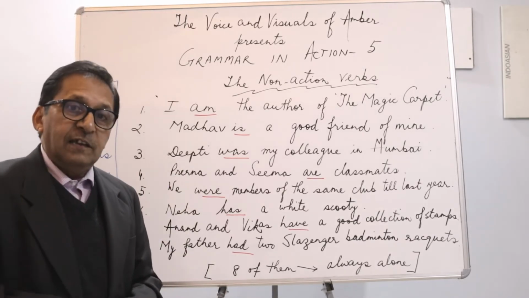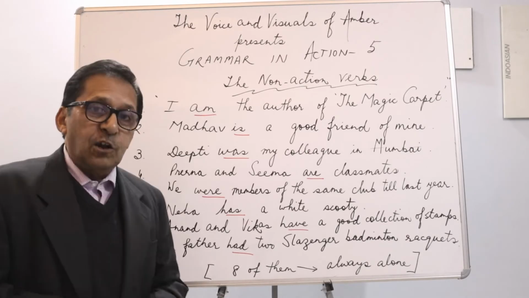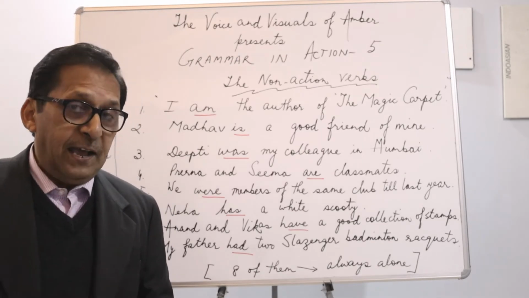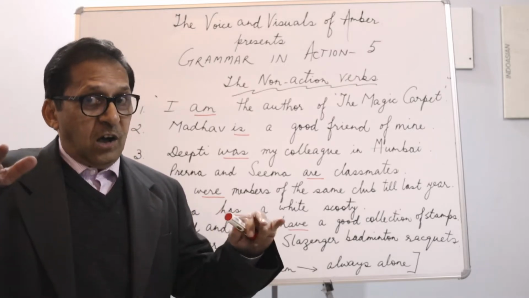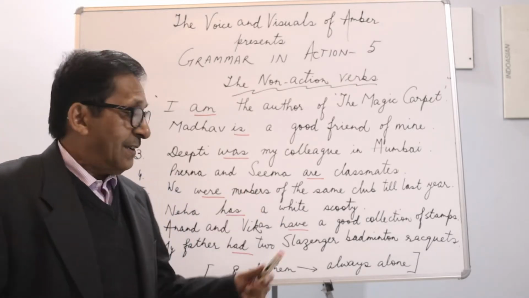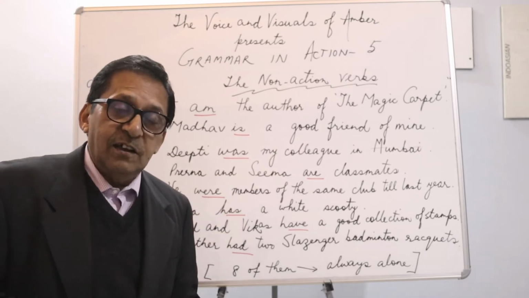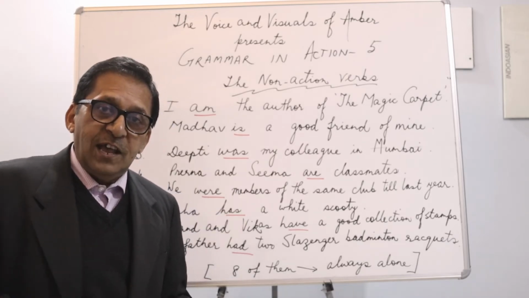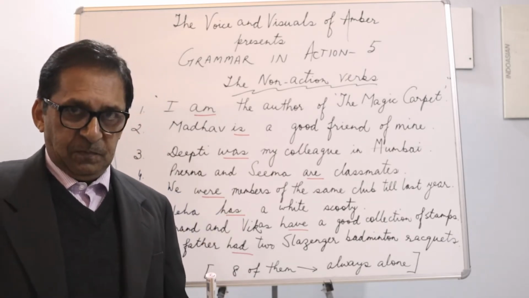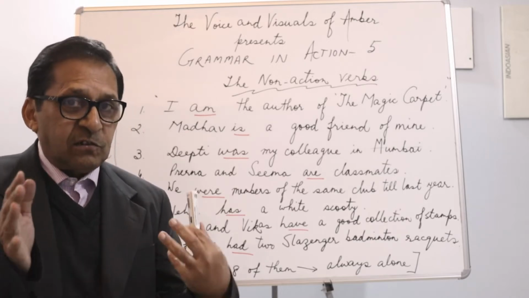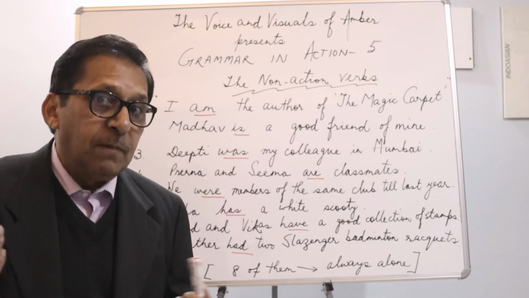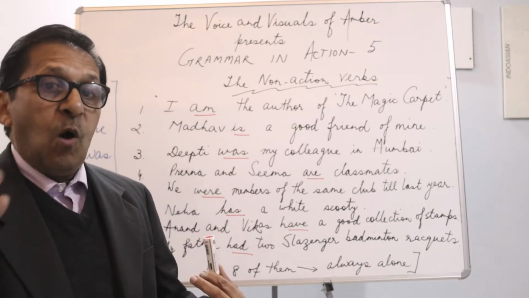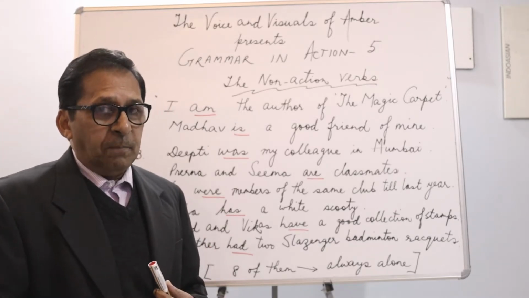Sentence number 3. Deepti was my colleague in Mumbai. So when I was in Mumbai, she was my colleague. So this again does not refer to any past action. It is just existence of Deepti in the past as my colleague when I was in Mumbai.